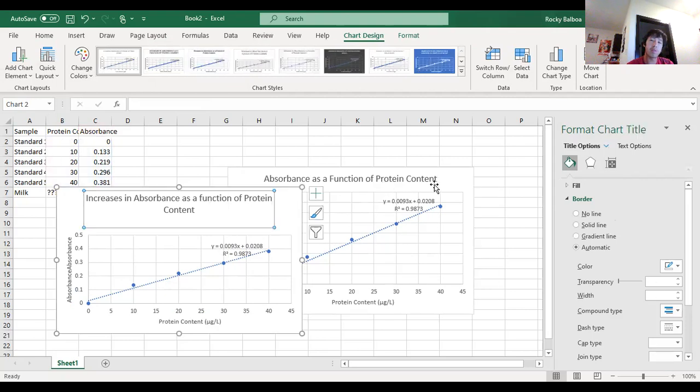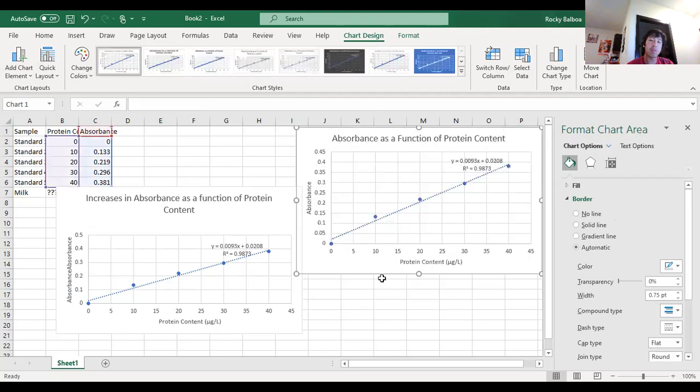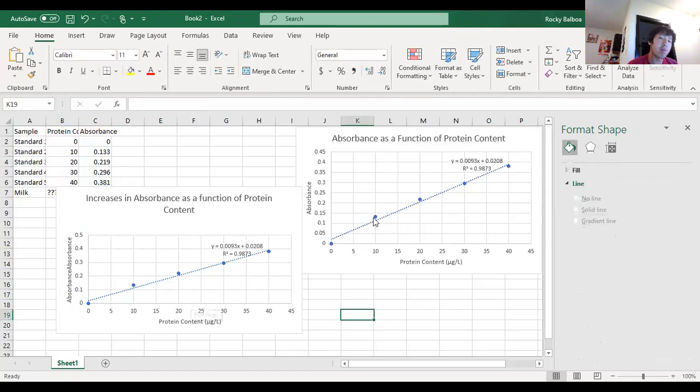Here we go. So that's how you make a chart.